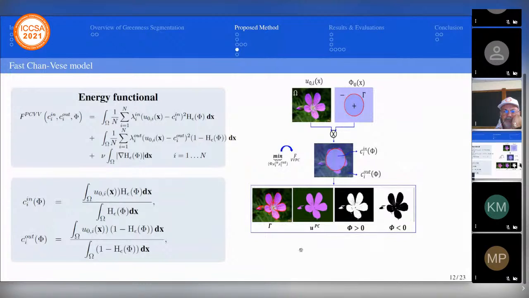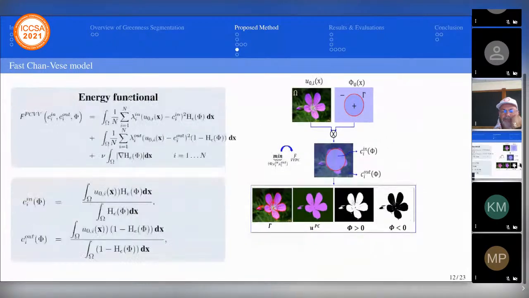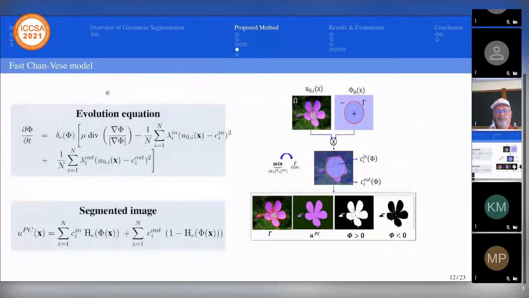Of course, to optimize this functional, we use the calculus of variations to obtain the Euler-Lagrange equation that allows us to update the position of the level set at each time. At the end, we can obtain the segmented image.